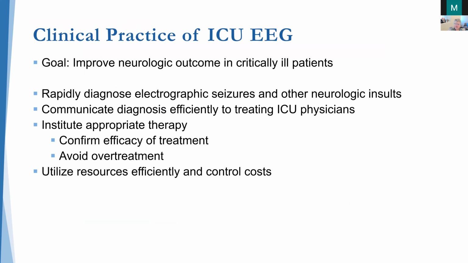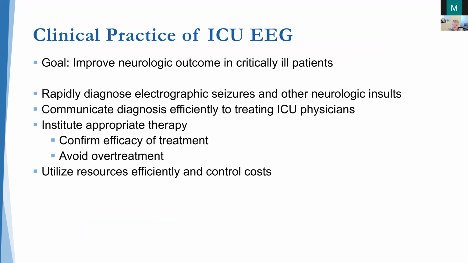So we all know that the clinical practice of ICU EEG is to improve the neurologic outcome in critically ill patients. Quantitative EEG and raw EEG allows us to diagnose electrographic seizures and other neurologic insults before they produce irreversible injury. We also need to communicate this diagnosis efficiently to the treating ICU physicians.